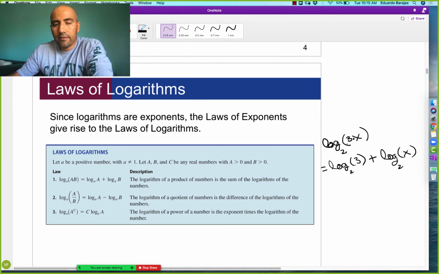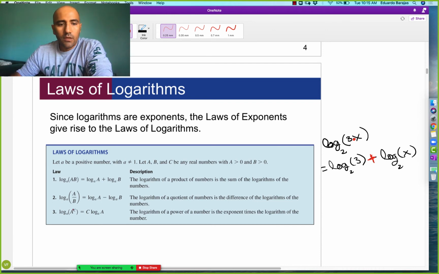So we can separate this multiplication in here. Multiplication inside the argument of the log can be rewritten as the summation of two logs with the same base, right? We keep that same base in the index of the log.